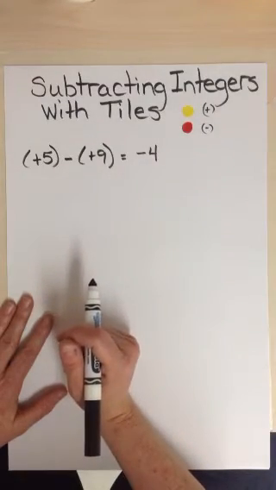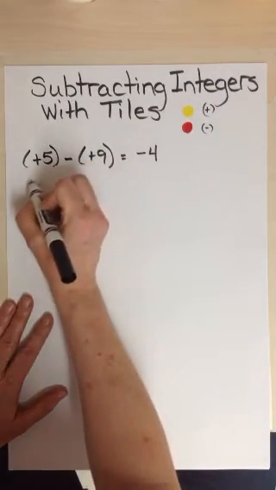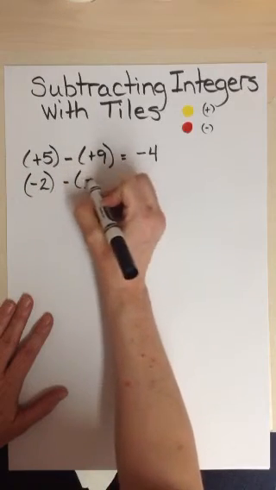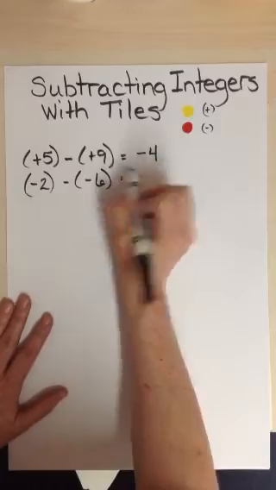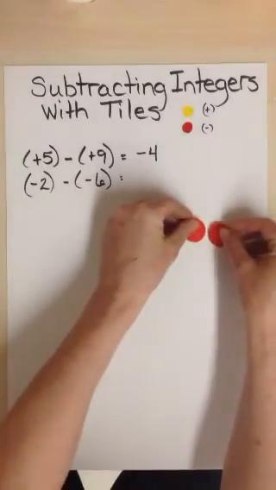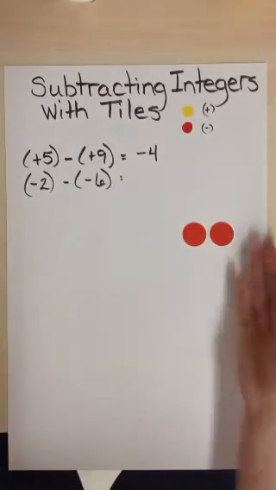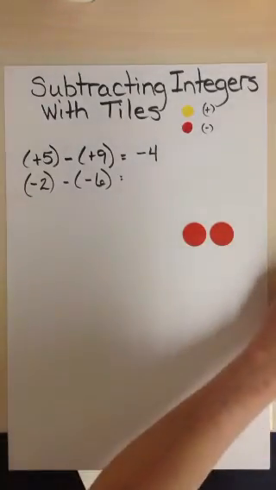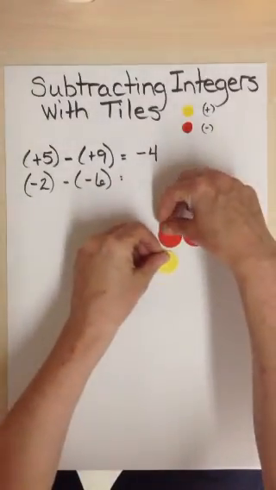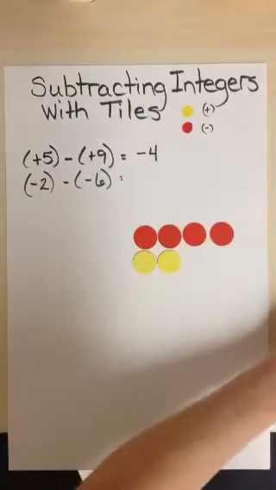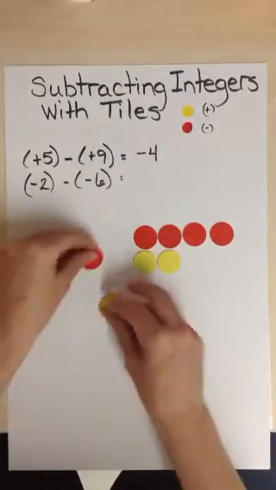Let's try another one. I'm going to take negative 2, and I want to subtract negative 6. So, start off with 2 negatives. Again, I don't have enough tiles here to take 6 negatives away, so I am going to tack on my zero pairs until I actually have 6 negatives.